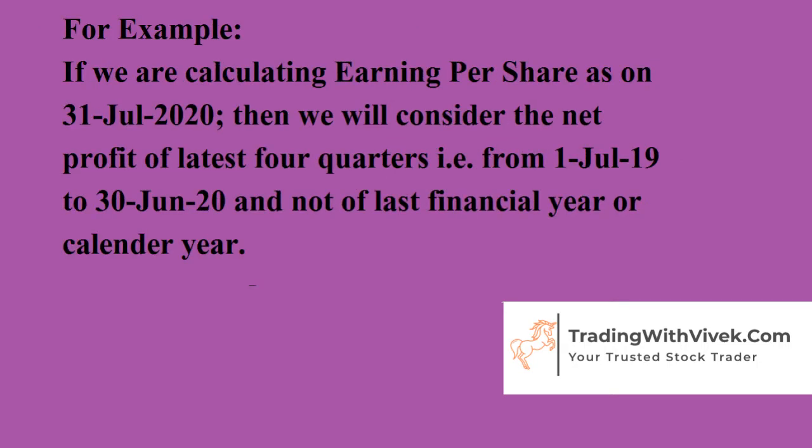So for example, if we are calculating price earning ratio as on today, 31st July 2020, we need to take a share price which is the latest available market price, and the net profit should be of the latest 4 quarters, that is, in this particular case, from 1st July 2019 to 30th June 2020, and not of the last financial year, 1st April 2019 to 31st March 2020, or the last calendar year, because these will be old data.